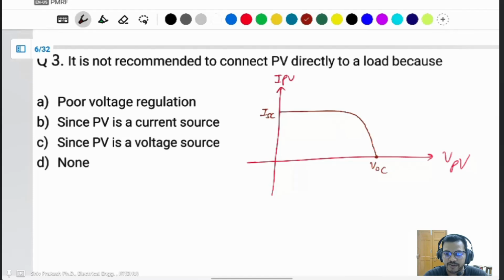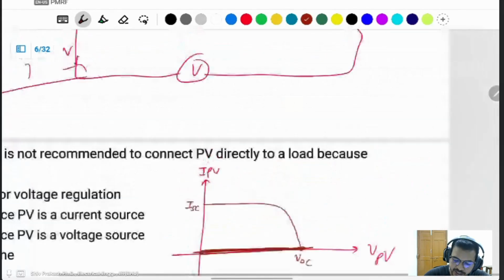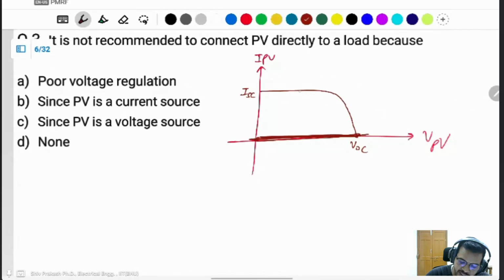You can't exceed the overvoltage. If you give an overvoltage to the fan, it will be damaged. That's why there is poor voltage regulation. Same thing here: this voltage varies from 0 to VOC. If current increases, the voltage decreases. If current decreases, then voltage increases up to VOC. There's a huge voltage difference. That's why you can't connect directly to the load.